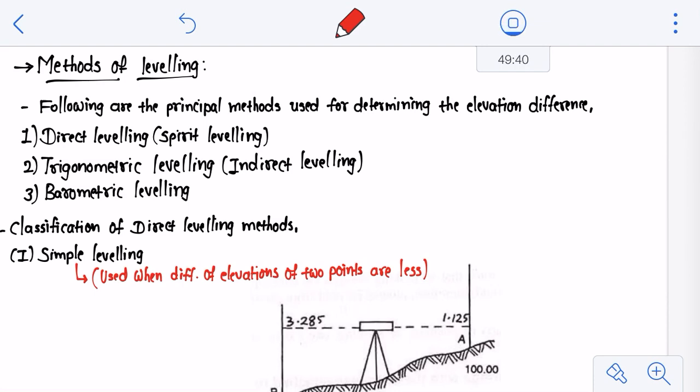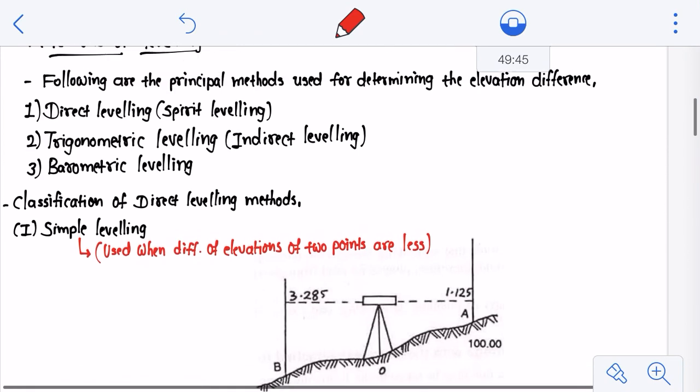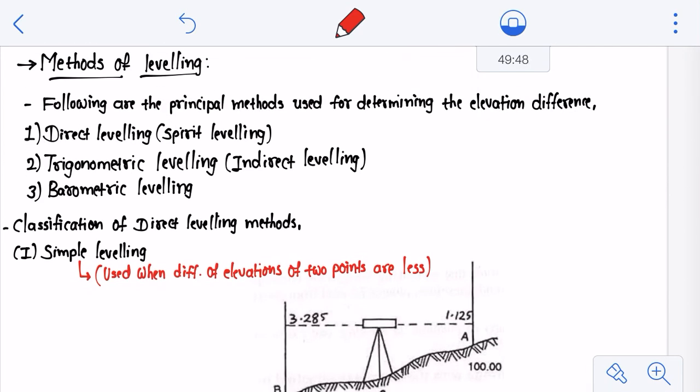The classification of levelings is as you can see mentioned on the screen, so I'm going to discuss this classification now, and I'll give you an idea about the different types as well.